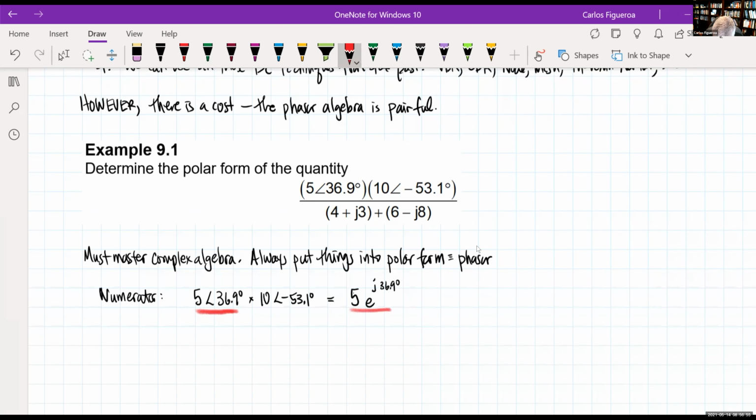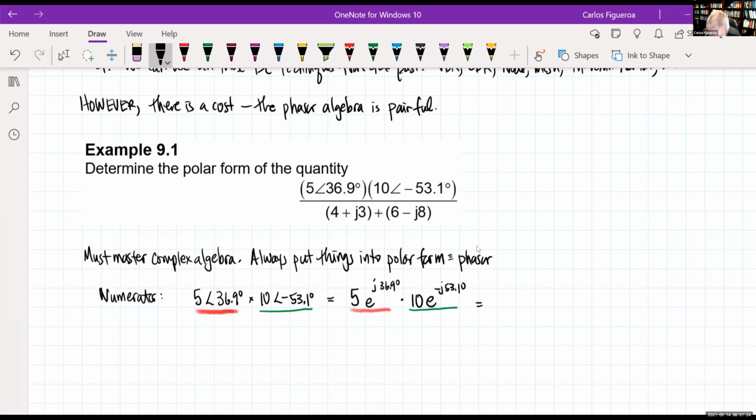The second one I convert into a phasor: 10 e to the minus j 53.1 degrees. Now I can multiply 5 times 10 and add the exponents, because that's part of its algebra.